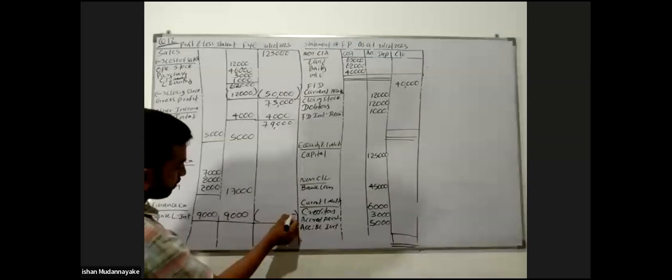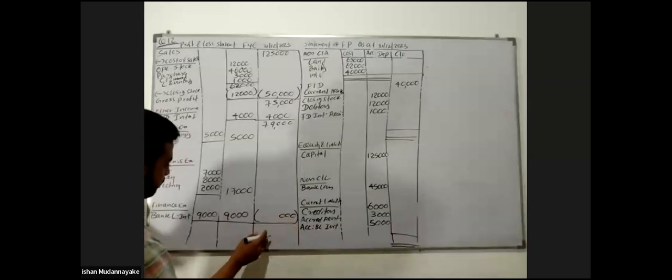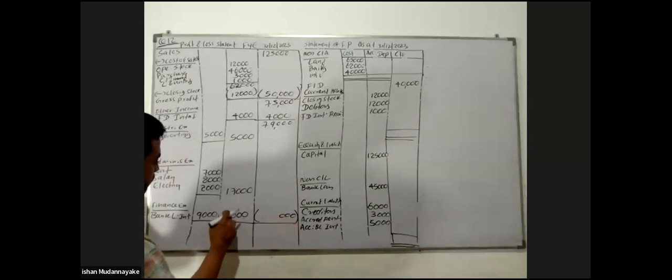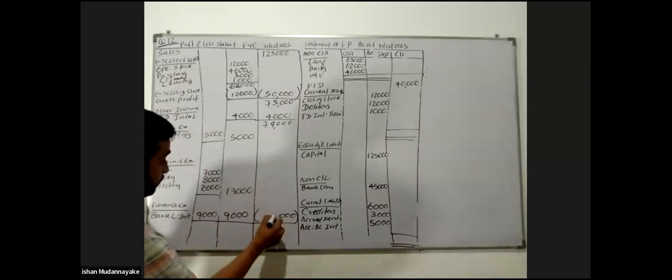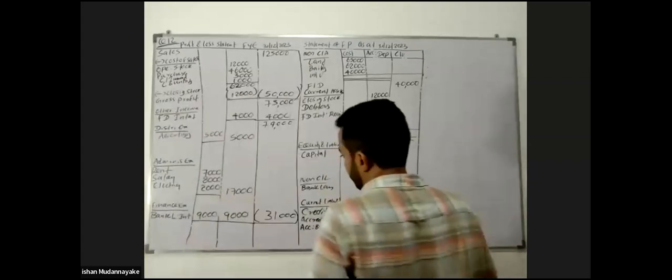Take the total expenses. How much total expenses? 31,000. Is it correct?